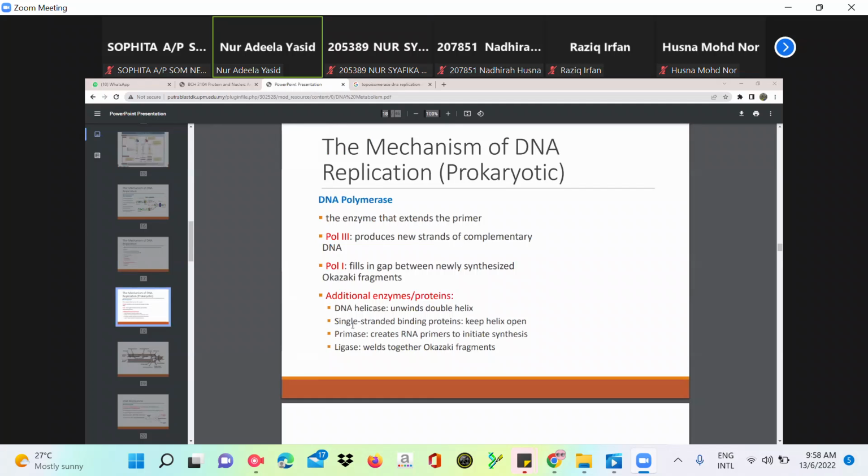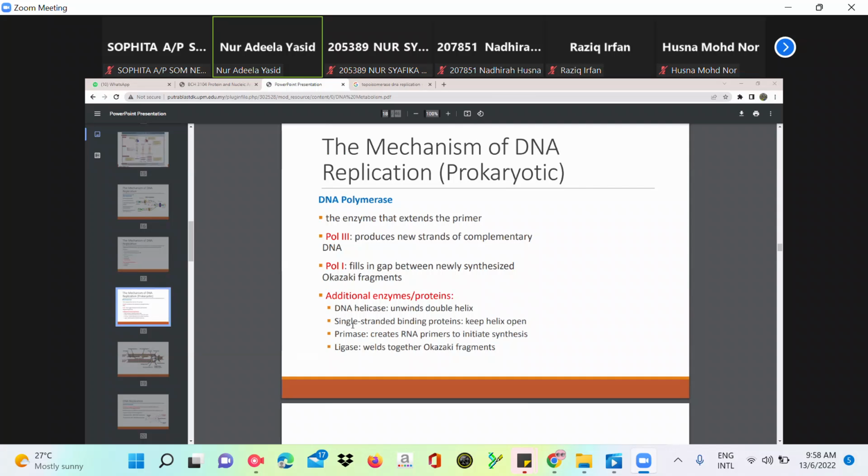And also we need primase. In our system, we do have primase because it helps to create RNA primer. Sebab kalau kita buat PCR, we can design our own primer. But in our system, dah cantik dah.